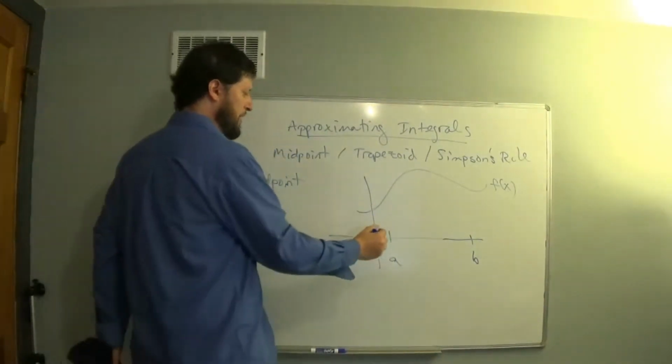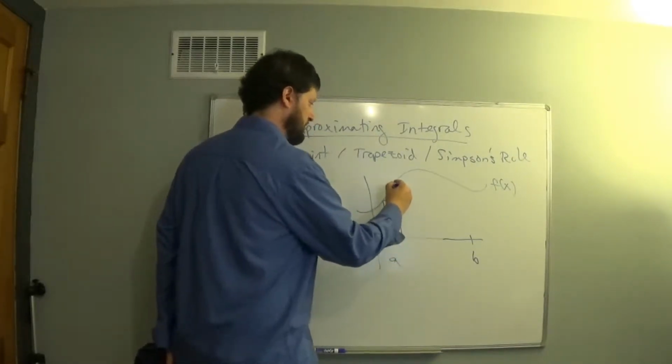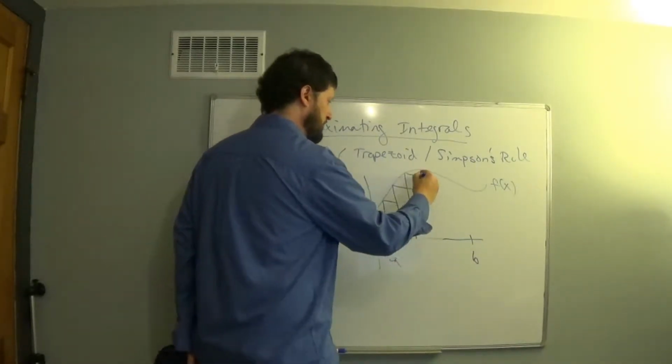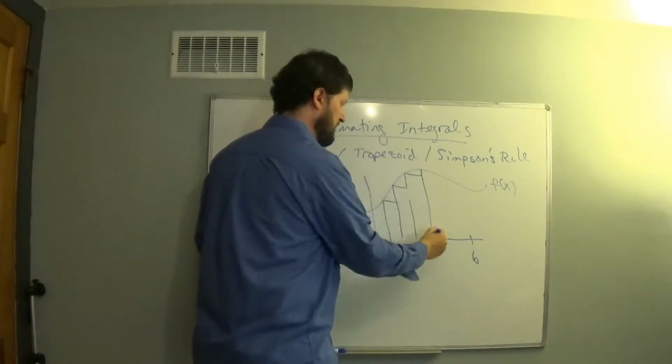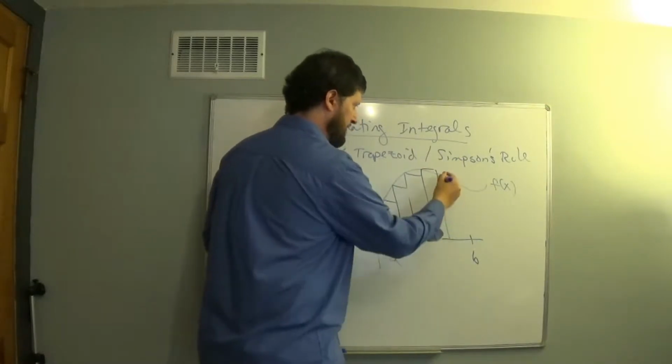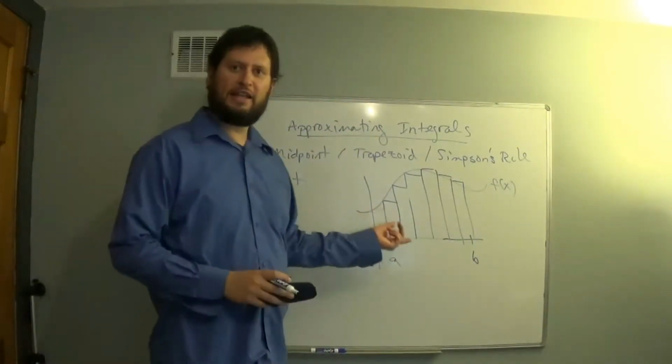So let me just remind you of how that Riemann sum went. If I had a Riemann sum, then we would do something like that. We would break this up into n subintervals.